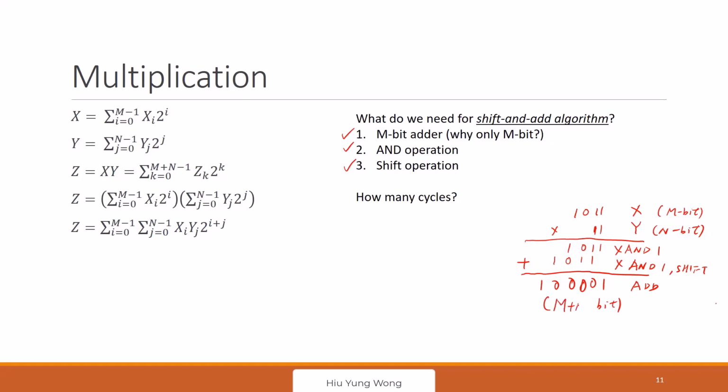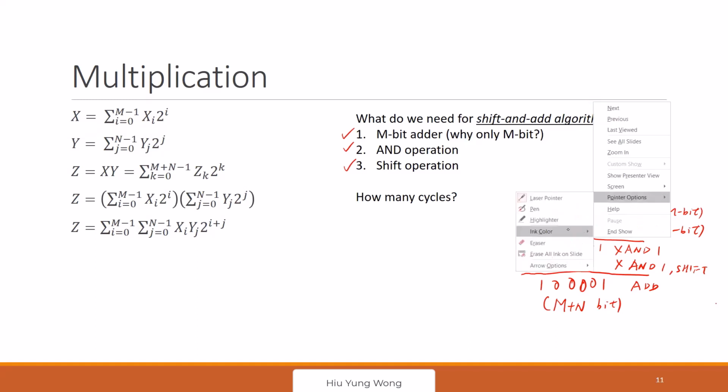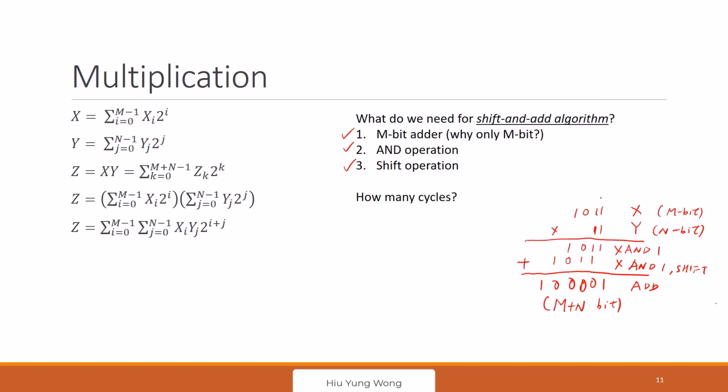Good. We can see this from another perspective. X is equal to 1011. In decimal, it just means that each X bit is just 1 or 0. I think you all know this, but let's be very careful. This is X0, X1, X2, X3.